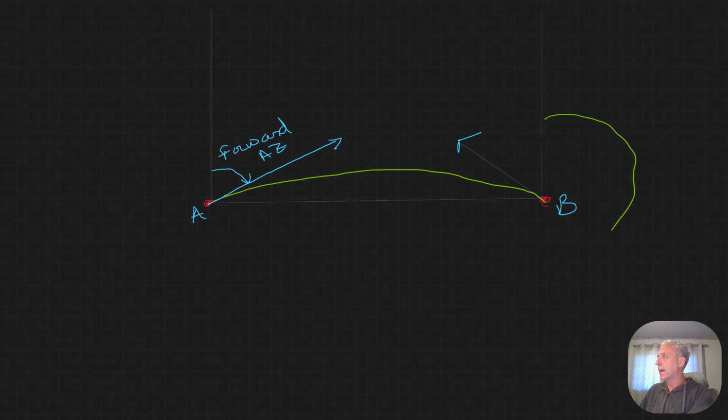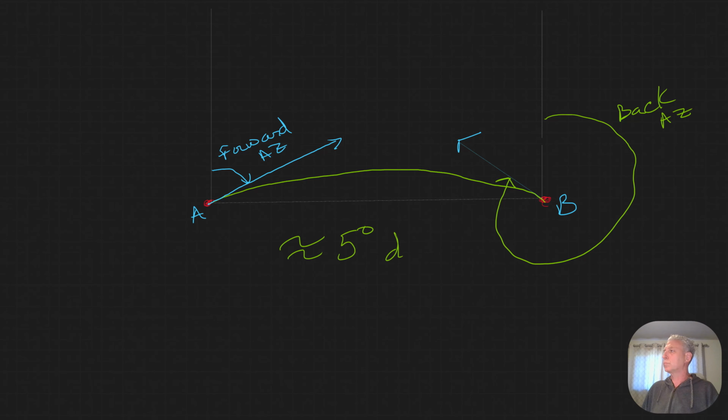So our back azimuth, I should have used a different color, but remember it's the angle off the North Pole, so this is our back azimuth. And we would have expected those, once we account for the 180 degrees, we expect from plane surveying for those to be same. But what we discovered was over the length, and I don't remember what length we used in the example problem, but we ended up with about 5 degrees of difference in our forward and back azimuth.